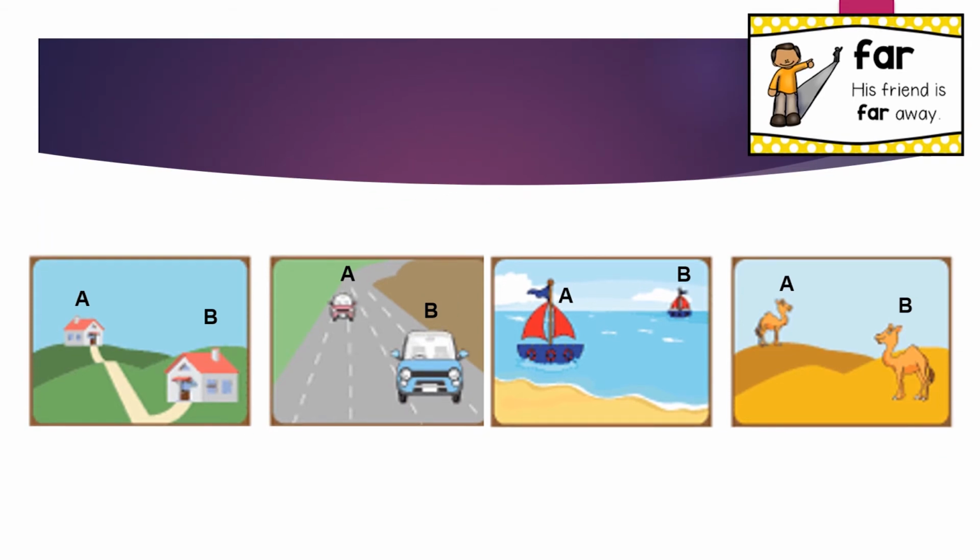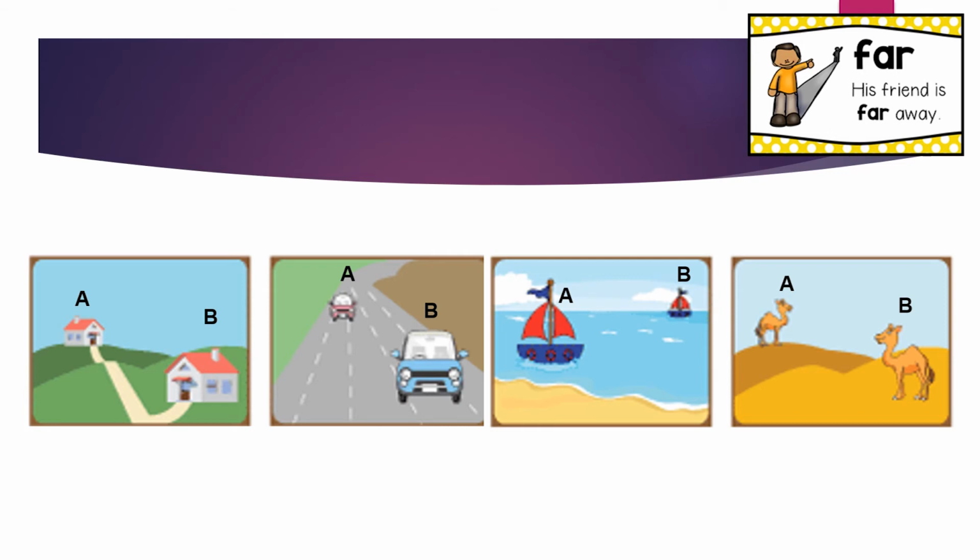Now let us explore near and far objects. When an object is far away, it is at a great distance from another object or person. Which objects are far away in each of these pictures?